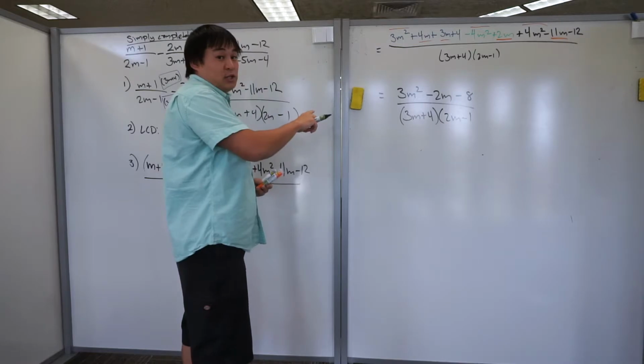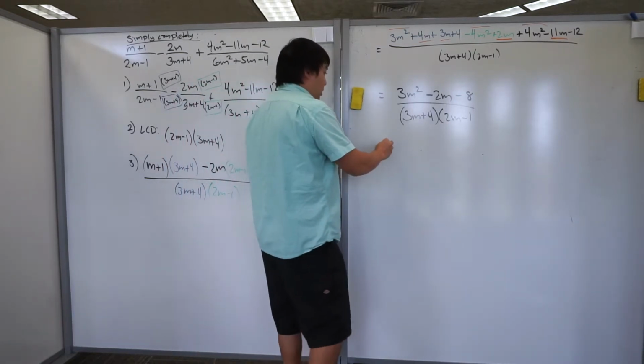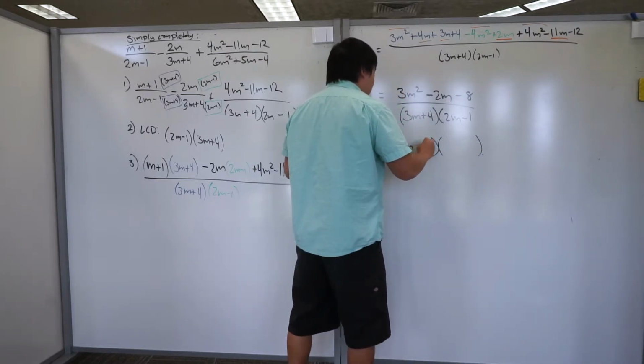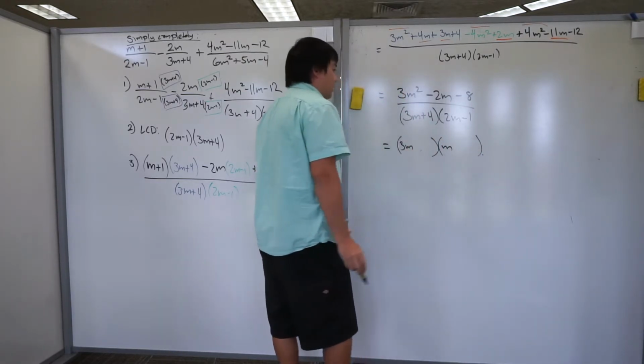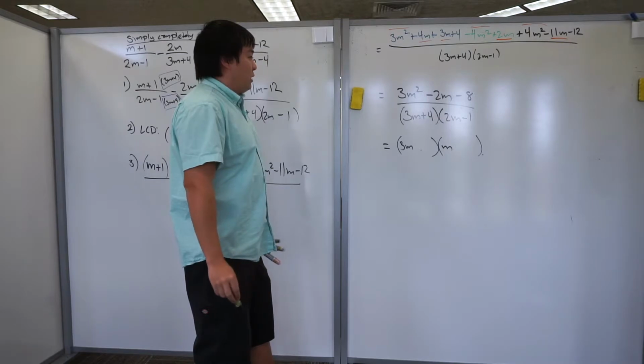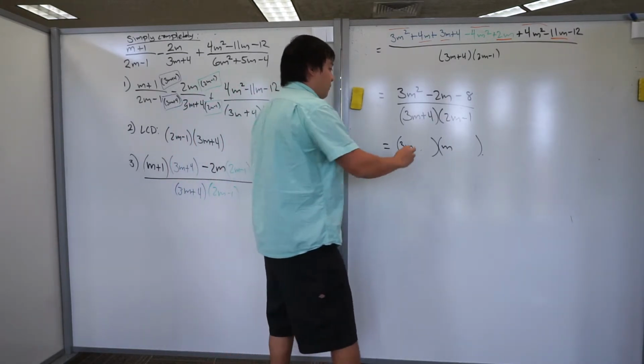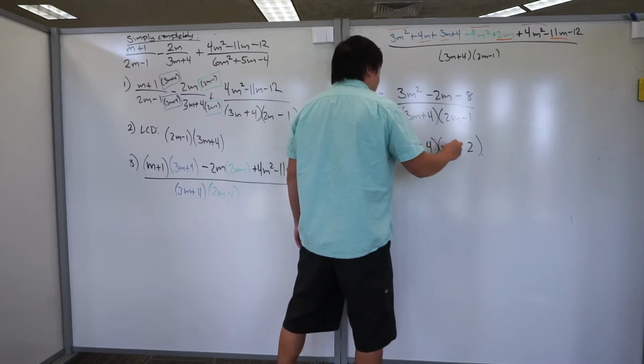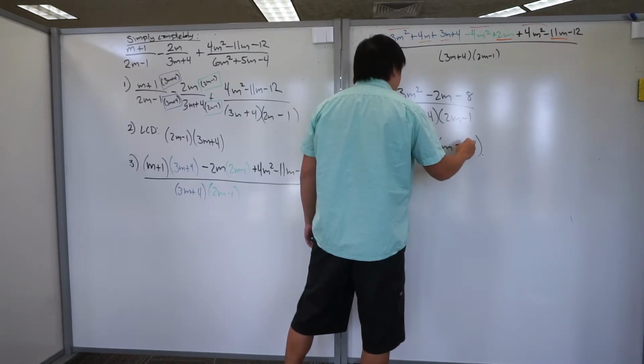So now let's go ahead and try to factor that numerator, which is going to be something times something. There's 3 in the front, and we can get 4 and 2, which is going to be minus 2 plus 4.